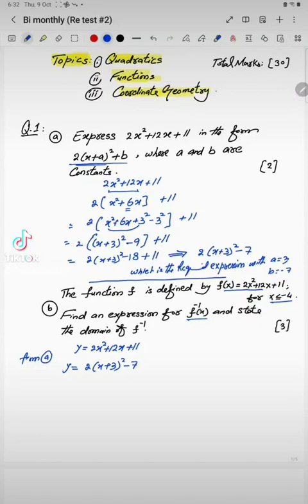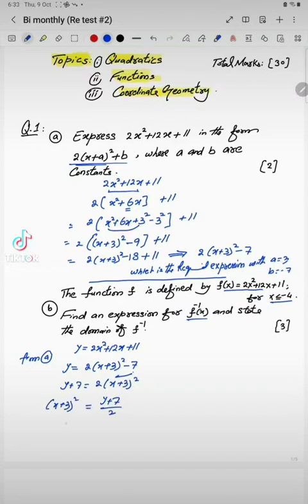Now it's easy for us to find the inverse by making x the subject. We need to bring the 7 here. It will be y plus 7 is equal to 2 times (x plus 3) whole squared, and then divided by 2 we get (y plus 7) by 2 equal to (x plus 3) whole squared.